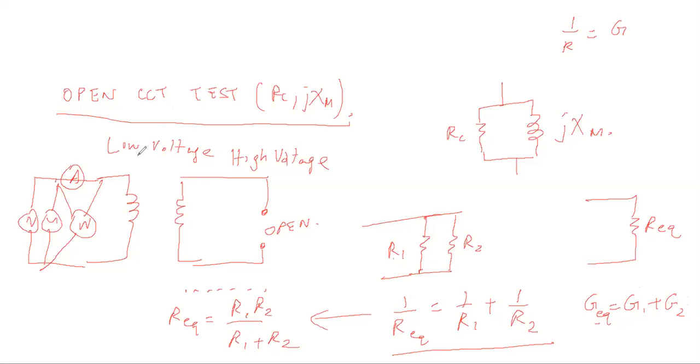So we are going to use the same logic, since the open circuit test is being conducted on the low voltage side, so we are going to consider the reciprocal of these two quantities to make things easier for us, as we shall see now.